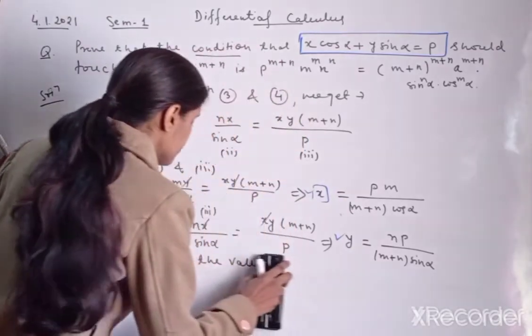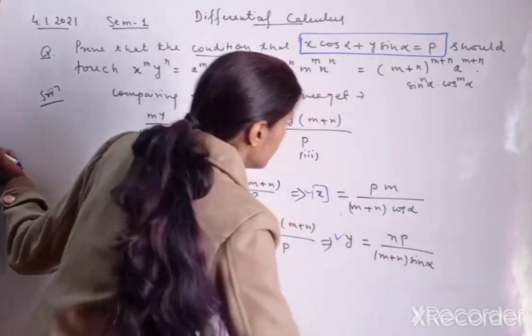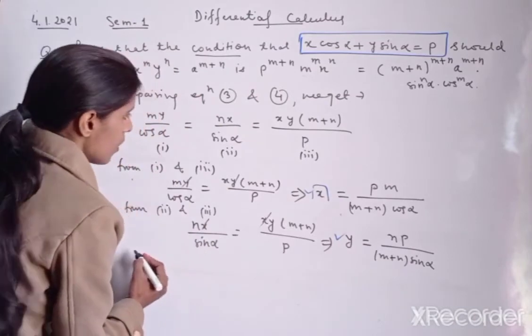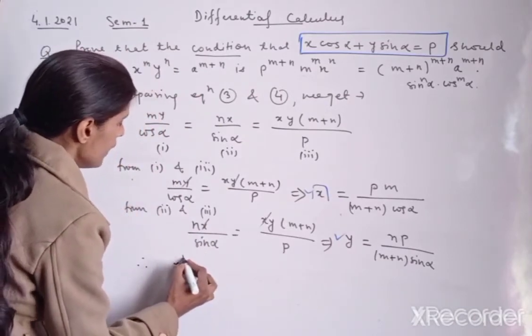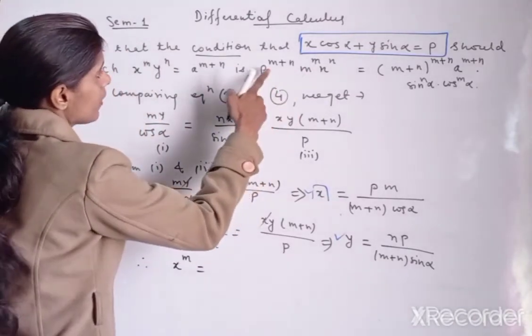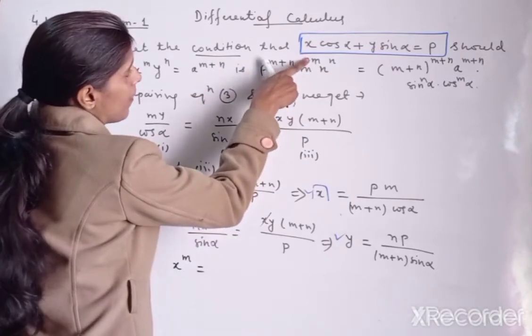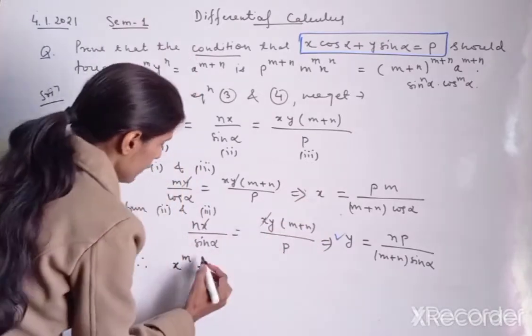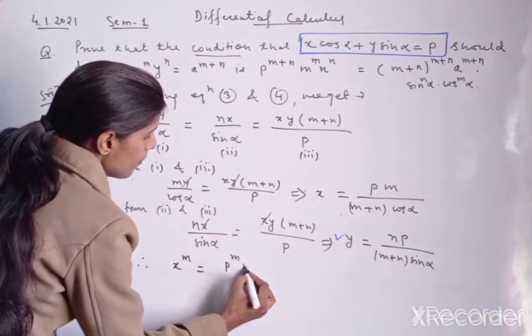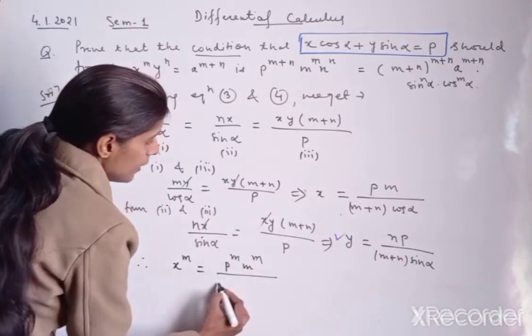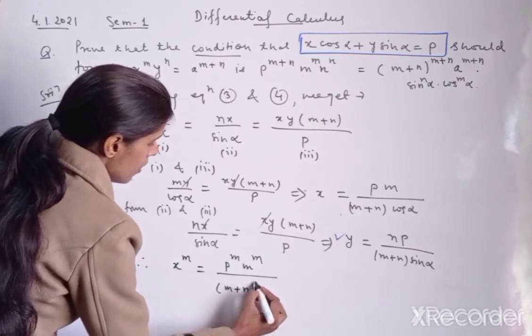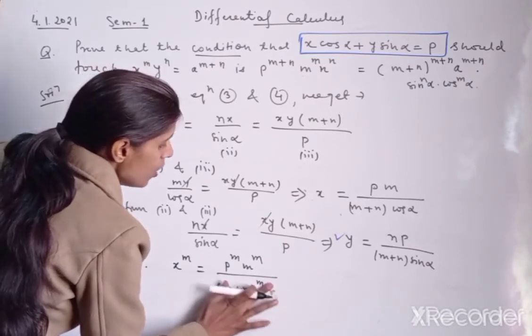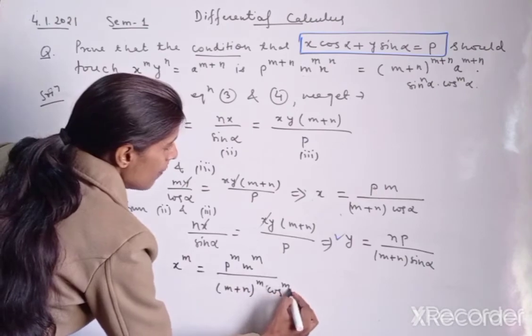Now what we get is x to the power m, because here it is m to the power m. So if we find x to the power m, we get p to the power m, m to the power m, divided by (m plus n) to the power m, and then cos m alpha.